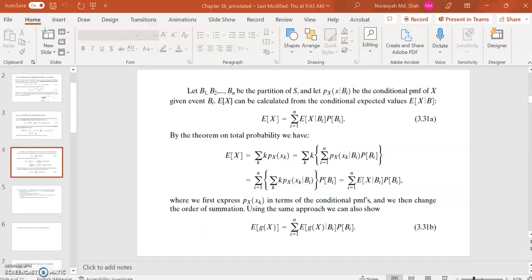If you look at your notes on chapter 3B, slide number 4, the expected value is obtained from the conditional expected values. You find all the conditioned situations. We have only two cases for this question: the first draw is 1 and the first draw is 50.